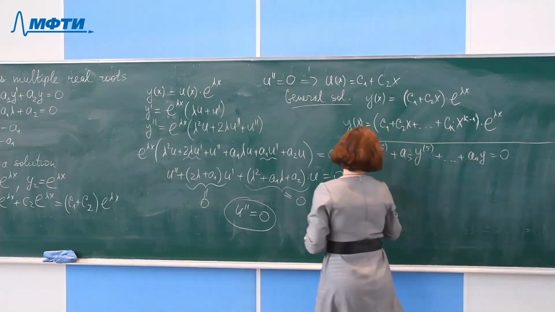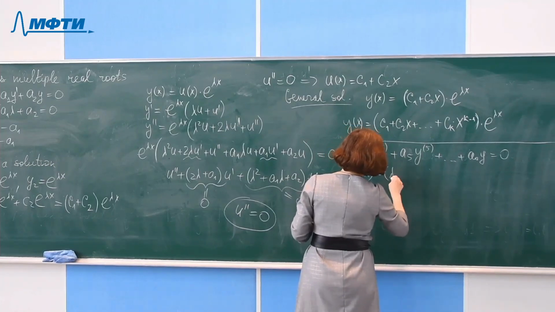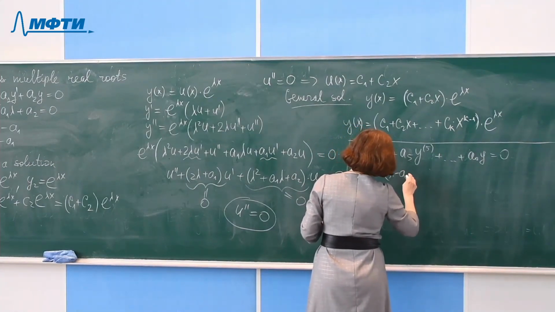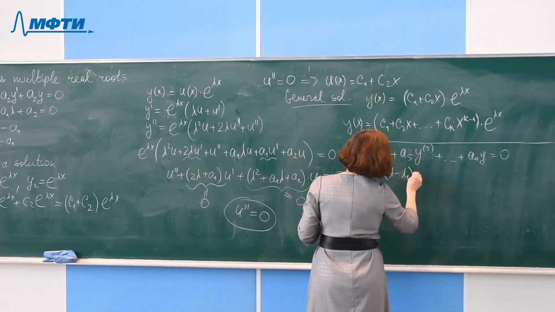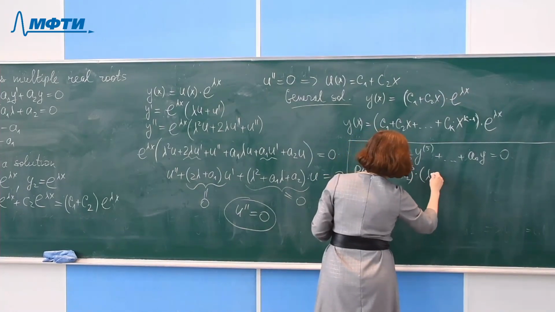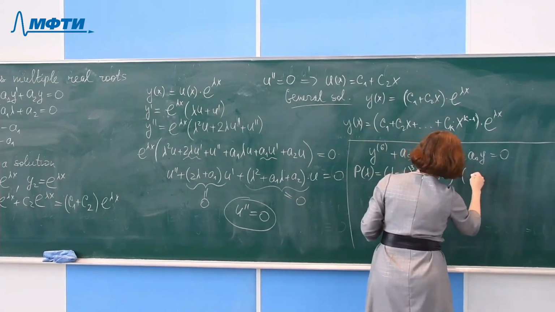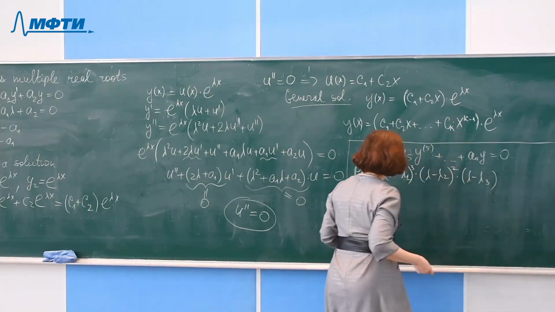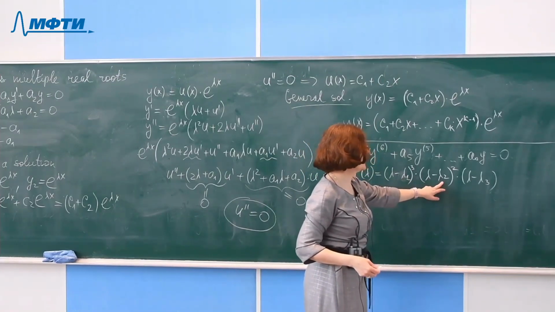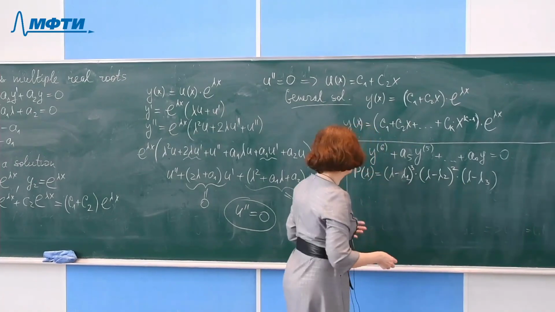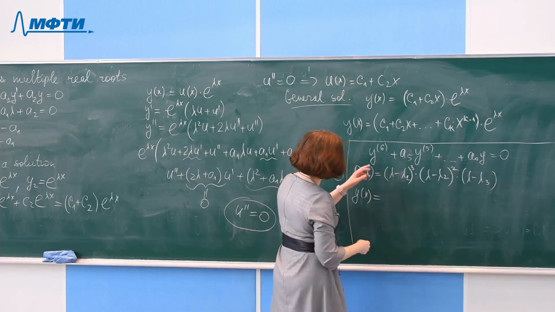And suppose our characteristic polynomial has the form lambda minus lambda 1 to the power 3 times lambda minus lambda 2 to the second power times lambda minus lambda 3. So lambda 1 is the root of multiplicity 3, lambda 2 is the root of multiplicity 2, and lambda 3 is the simple root. Then the general solution can be represented in the following form.